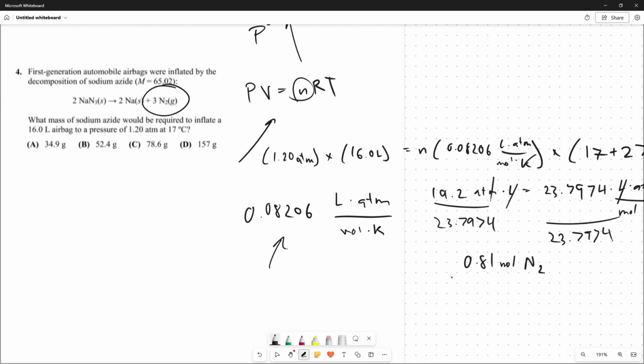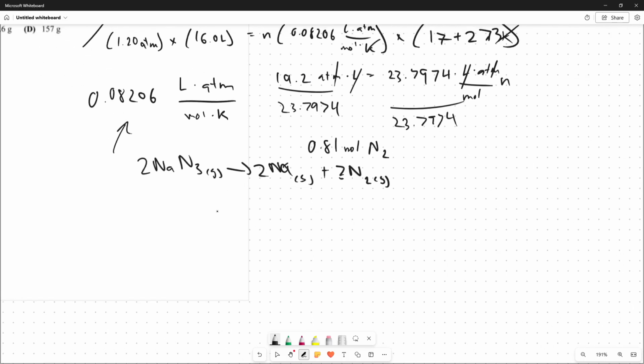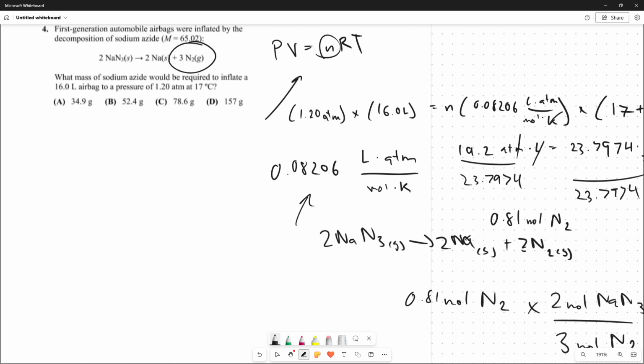So we need to get to 2NaN3, and I'm going to rewrite this equation so I don't have to go back. Okay, so now we have to do some simple stoichiometry to get to 2NaN3. 0.81 moles of N2. So for every 2 moles of NaN3 we have 3 moles of N2. And they give us the molar mass here, which is 65.02.